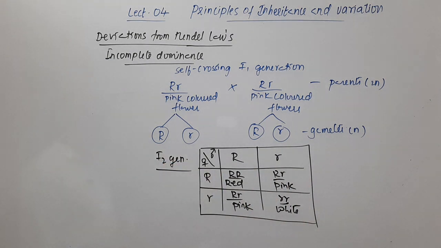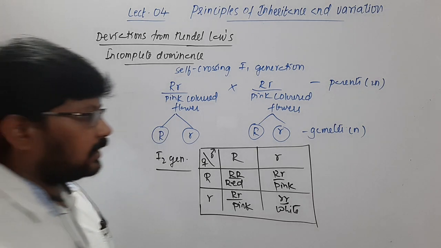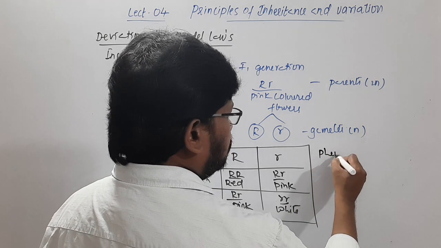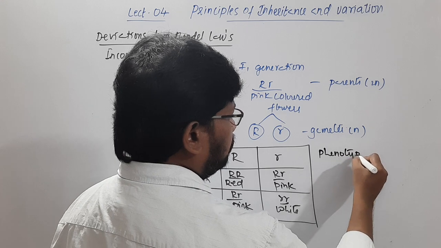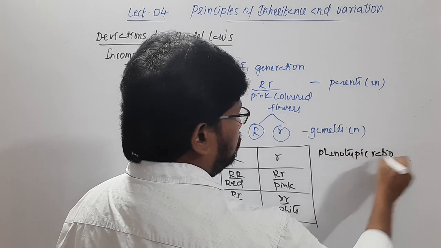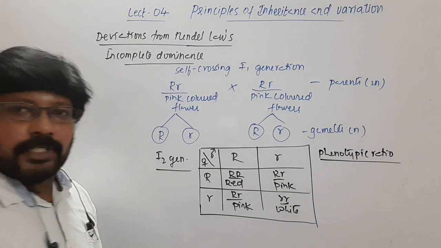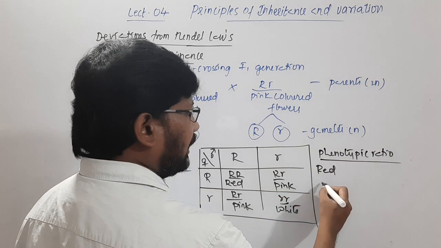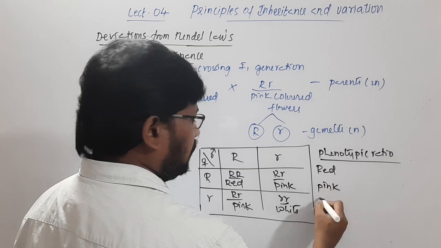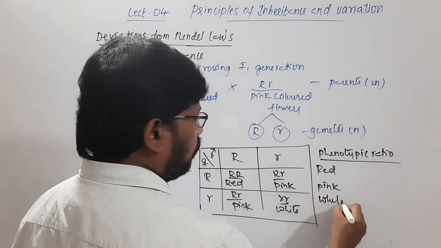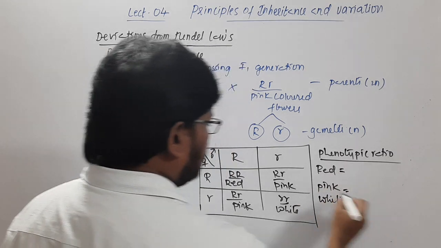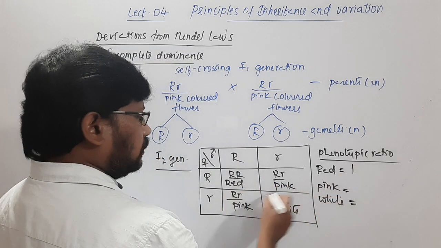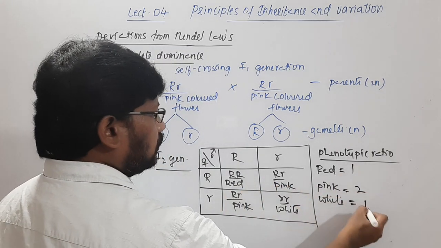So now let's look at the phenotypic ratio of incomplete dominance. Here we need to know how many are red, how many are pink, and how many are white. We can see here there is one red, two pink, and one white.